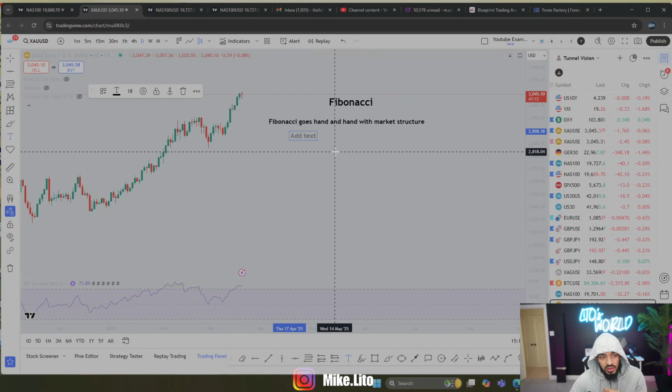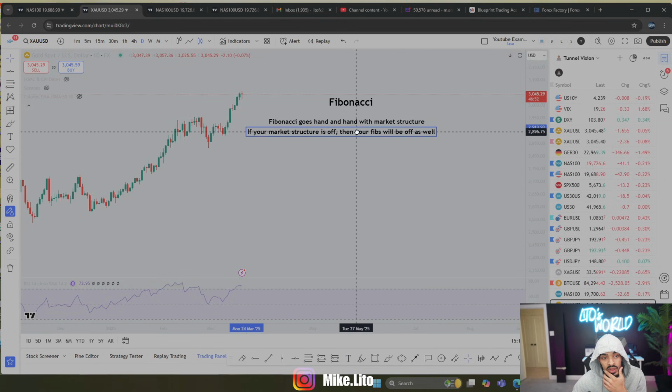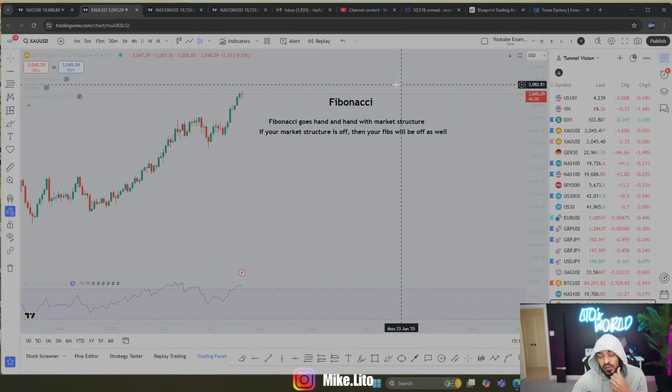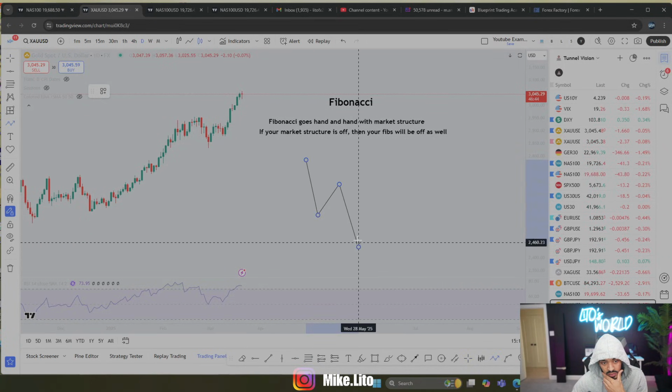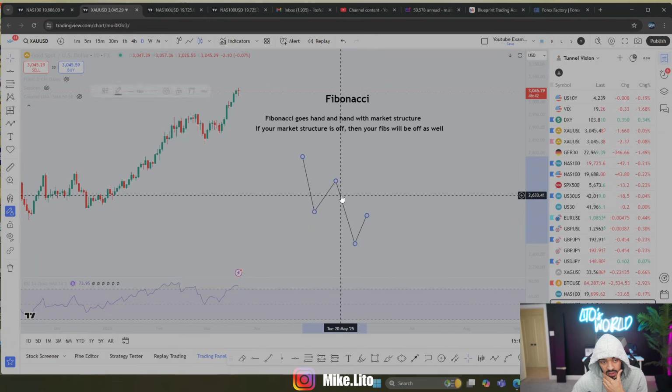So if your market structure is off, then your fibs will be off as well, right? So that's one thing to understand. If you do not have your market structure right, let's just say you're in a downtrend and then you get a pullback like this.